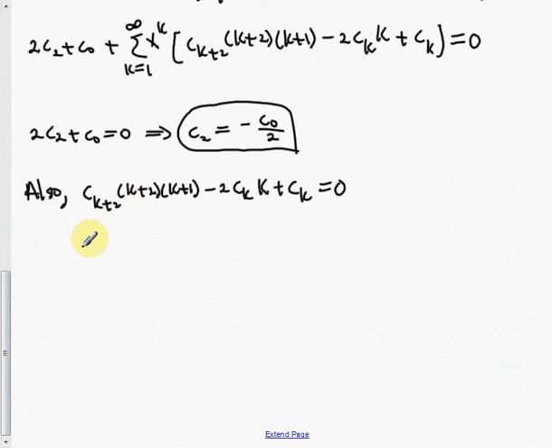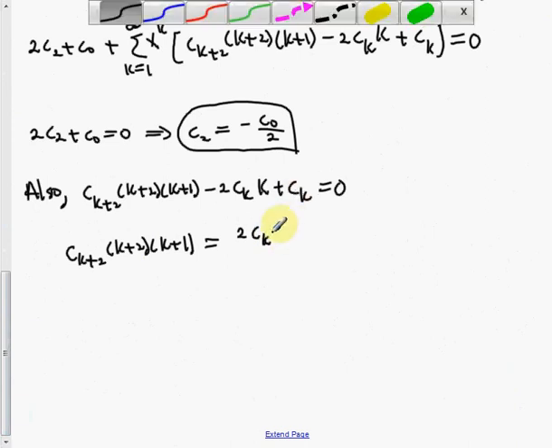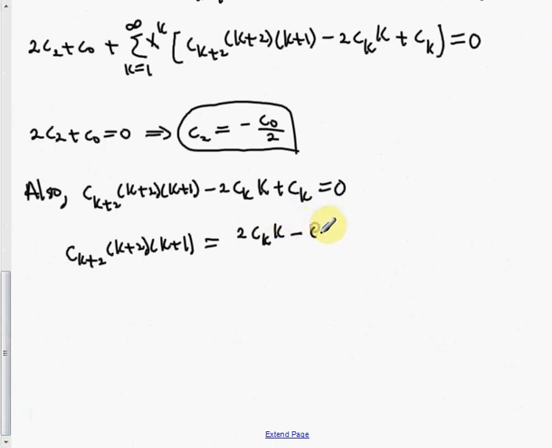So here I have c sub k plus 2 times k plus 2 times k plus 1 equal to 2 times c sub k times k minus c sub k. I just write it like this first, then I do my simplification.